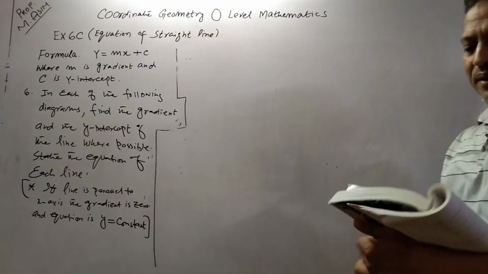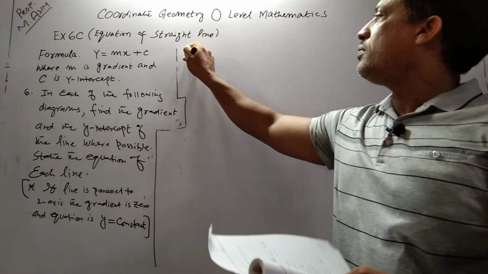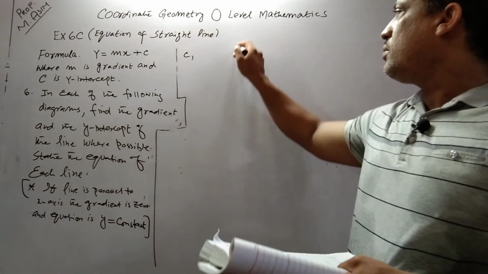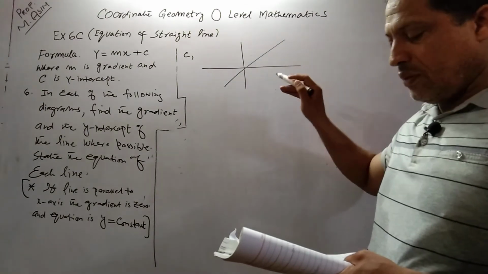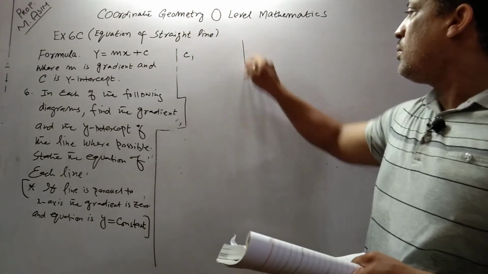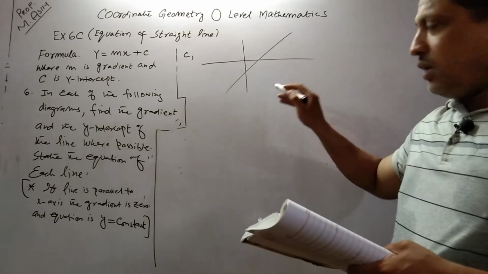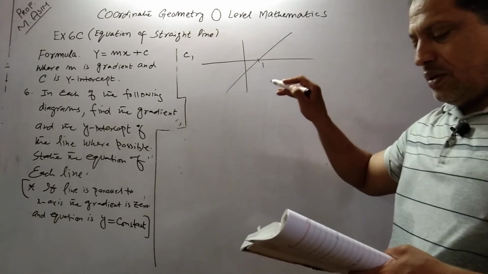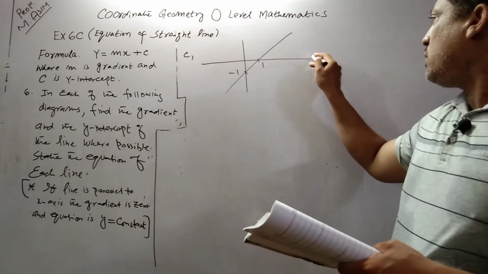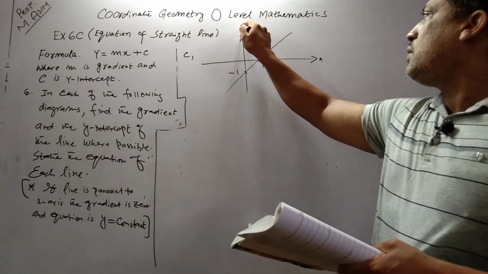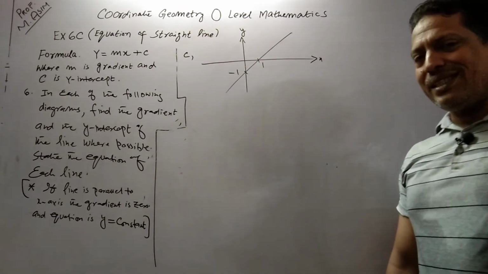What is next part? C. This is point 1, this is point -1, this is x-axis, this is y-axis, and now we need to find the equation of this straight line.